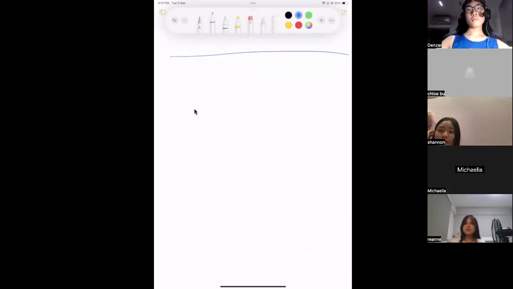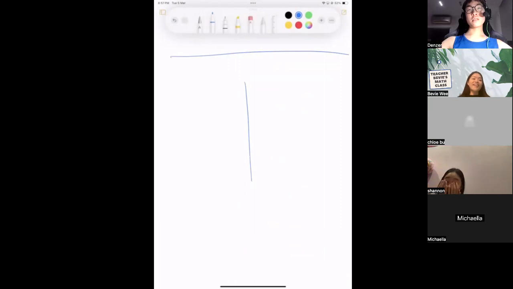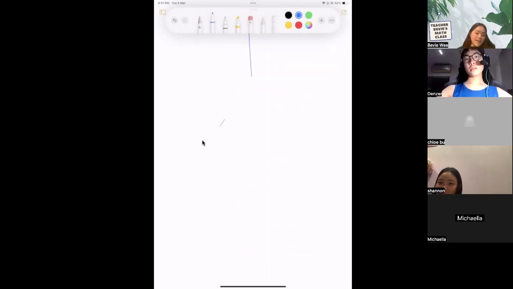Wow. Okay, what's the gradient of this? Yes, Denzel raised hand emoji. Undefined. Undefined. Wow, good job. What's the gradient of this?